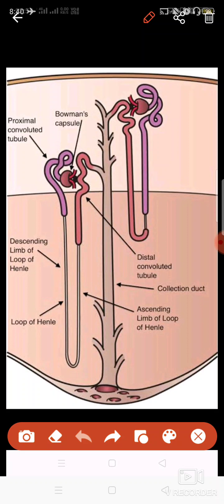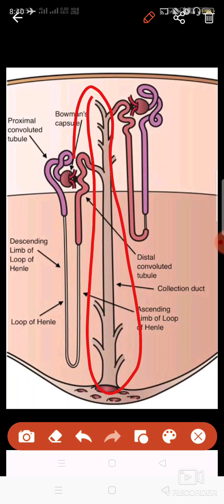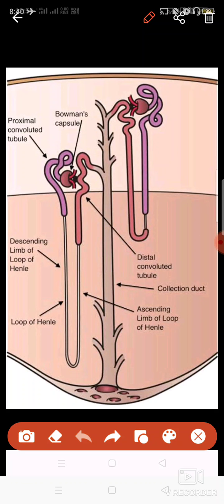So these tubules are connected to a further part which has more diameter than the loop of Henle, and this is the last part of the tubules, which is known as distal convoluted tubule. That is the last part of the tubule, and so many nephrons are connected. You can see this nephron is also connected, this nephron is also connected, so many nephrons are connected to the main collective duct.